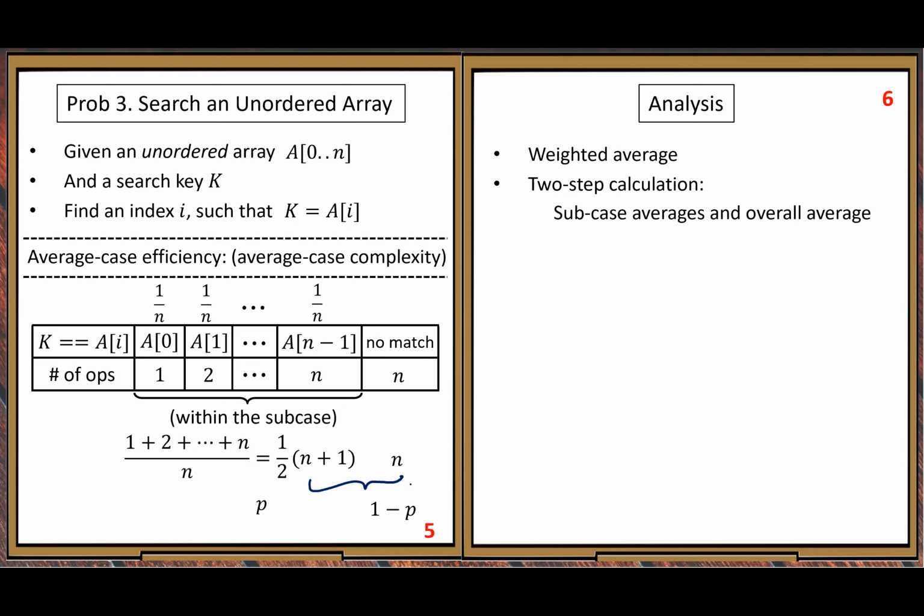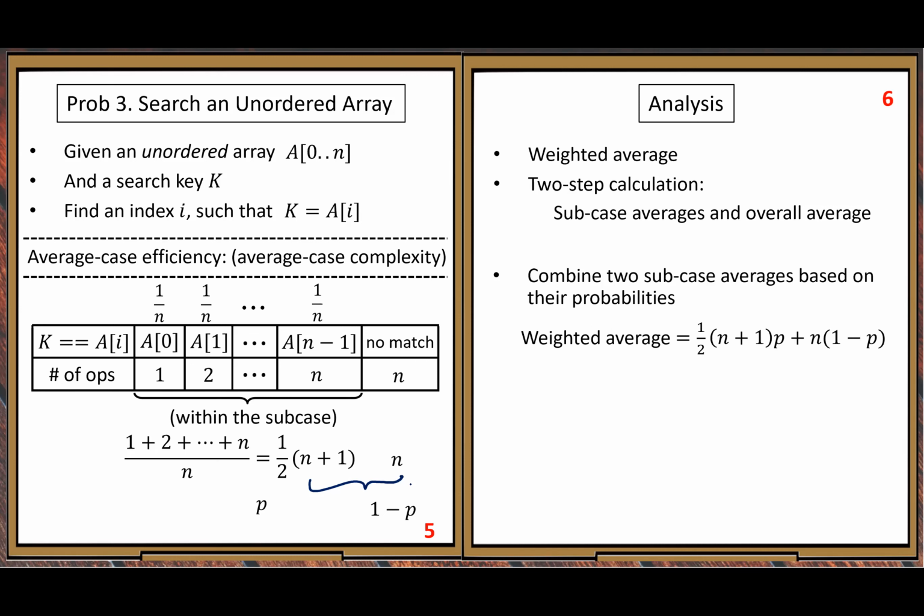We have all the data we need, so we can calculate the weighted average. So let's write the formula. We combine two subcase averages based on their probabilities in this way.